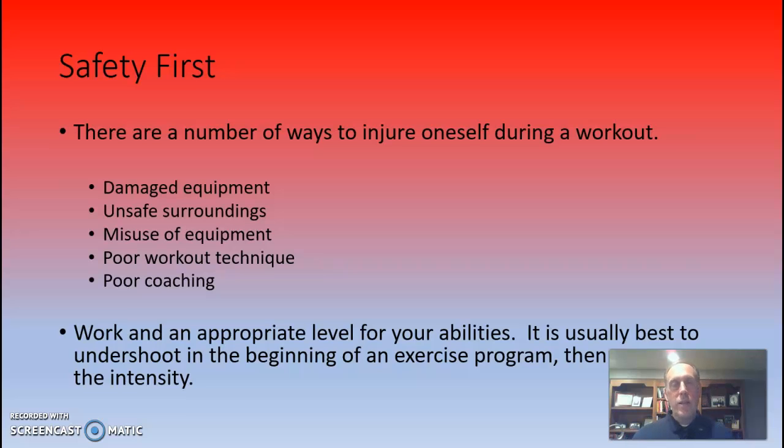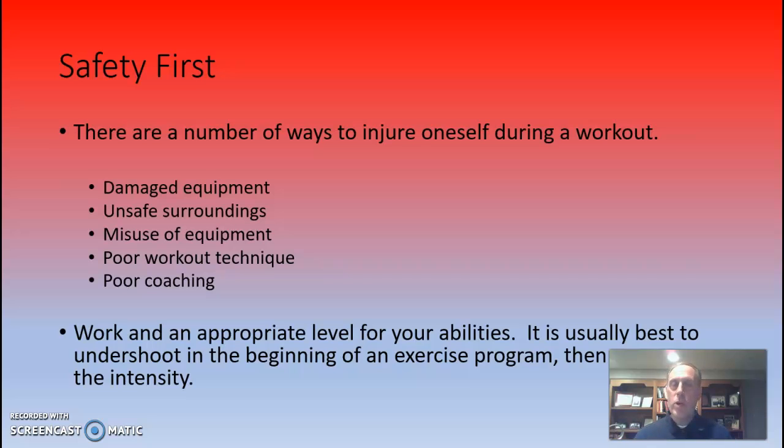Beyond that, you get into the possibility of user error, where you have poor workout technique, and then just straight up poor coaching, where you have poor direction from your instructor or the person who's coaching you along. Usually if there is some kind of injury or issue, it's equipment related, or the other side of that equation is it's user related. So it can be one or the other, all right?